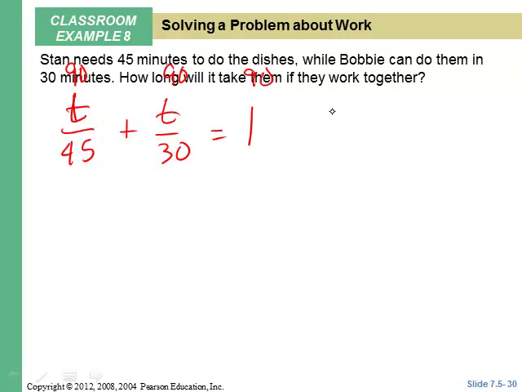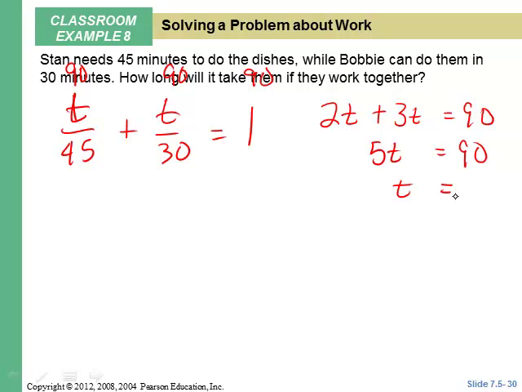So 2T plus 3T is 90. 5T is 90. T is 90 divided by 5. It's 18 minutes if we work together.